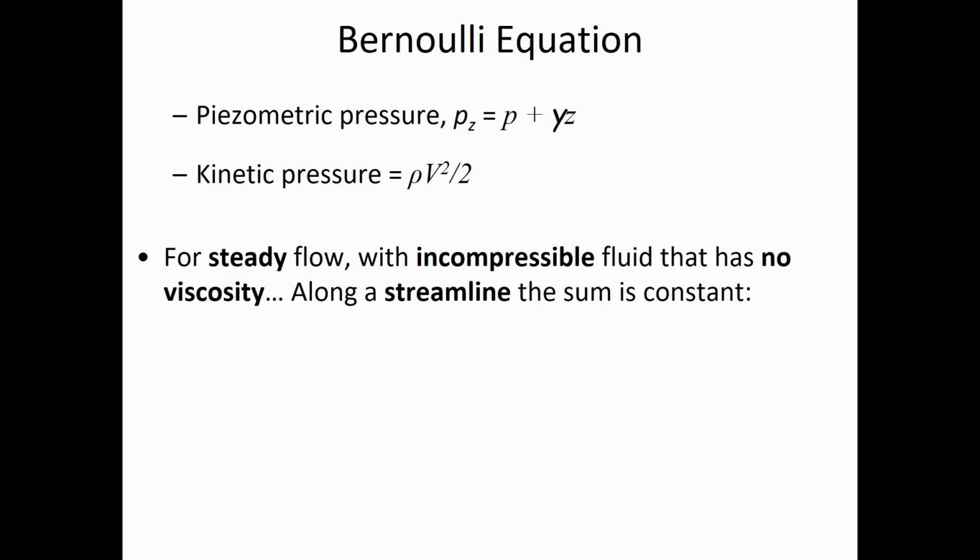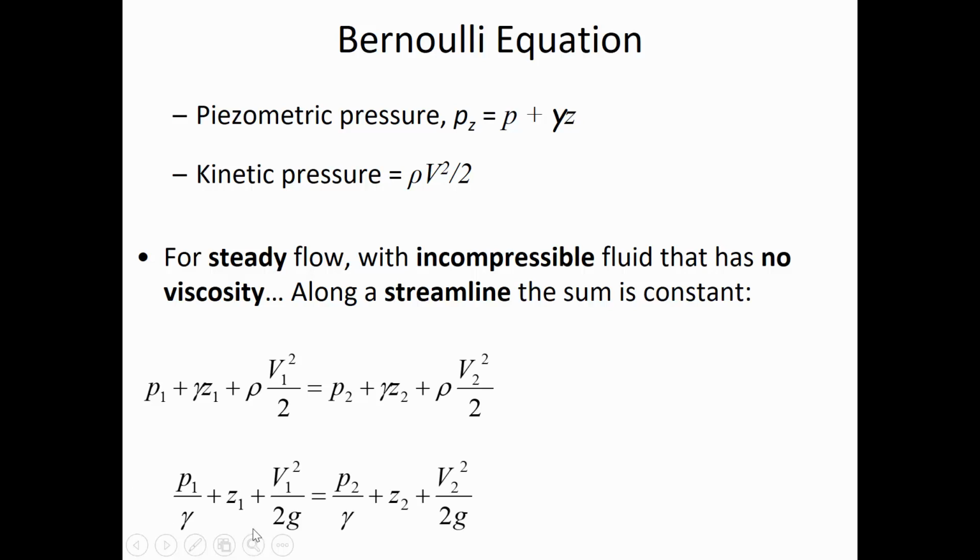And if we had any kind of a scenario where flow is changing with respect to position, we call that non-uniform flow. If we have non-uniform flow, then along the streamline, there is conservation of piezometric pressure and kinetic pressure. So we can either express Bernoulli's equation in terms of pressure units, or we can write it in terms of length by dividing each of these terms by gamma.